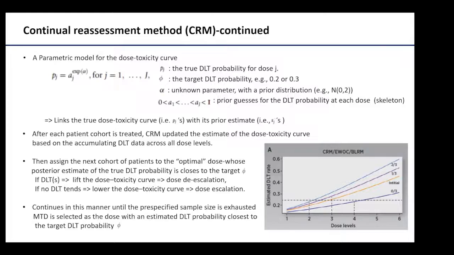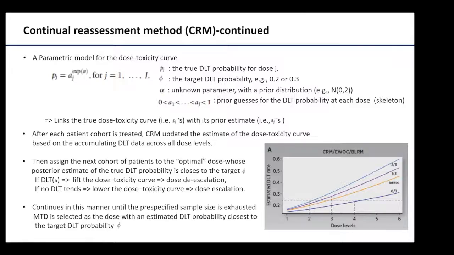Then after each patient is treated, this model gets updated, pretty much the alpha parameter. The alpha parameter will have a prior distribution, with some assumptions. Then we update and get a posterior estimate of the alpha parameter, and the toxicity curve will be updated.